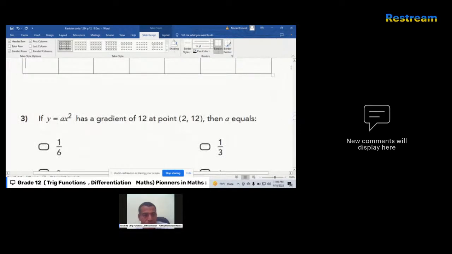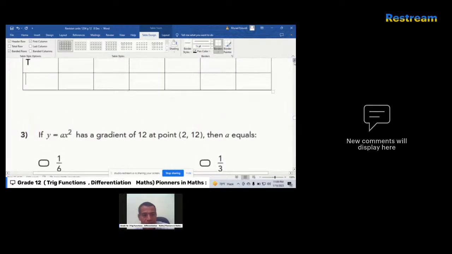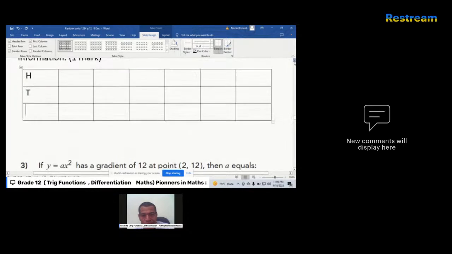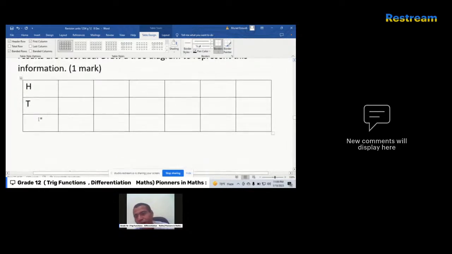Go back, Mr. Murad, please. So the possible outcomes are 12. I'll just write here, cut this and put it here, and this one the numbers 1, then 2, then 3, then 4, then 5, then 6.